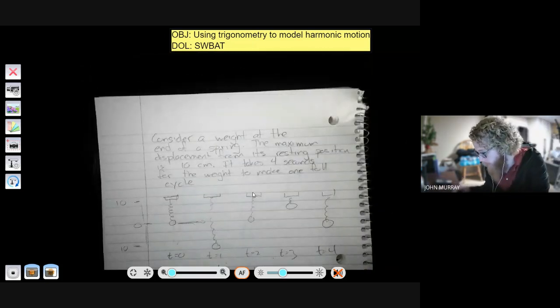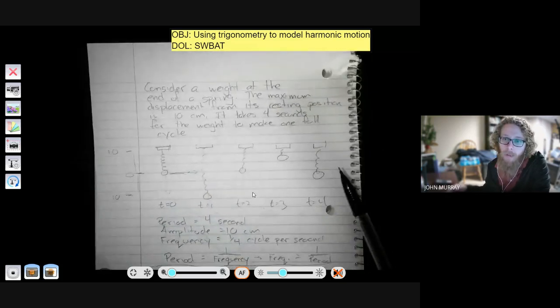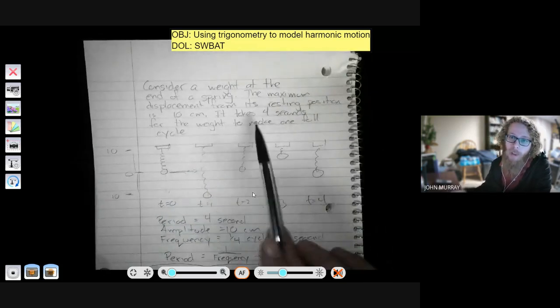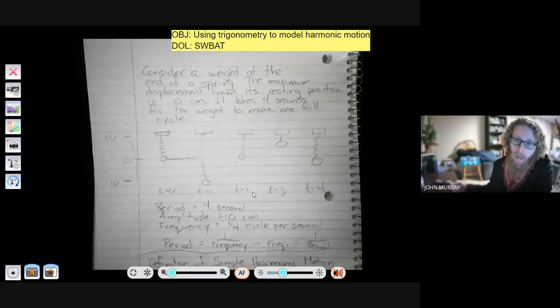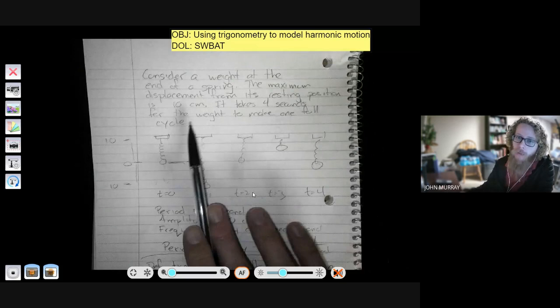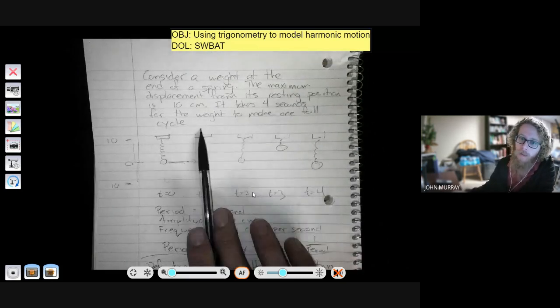So let's talk about the problem we did yesterday. We have a weight moving at the end of a spring. The maximum displacement is 10 centimeters, and it takes 4 seconds for the weight to cycle.